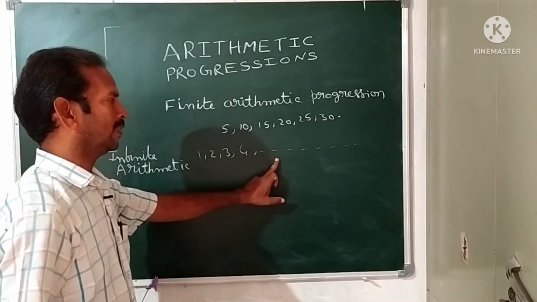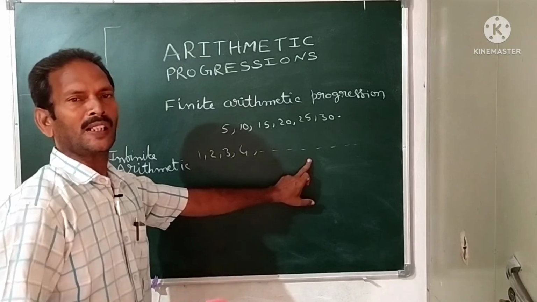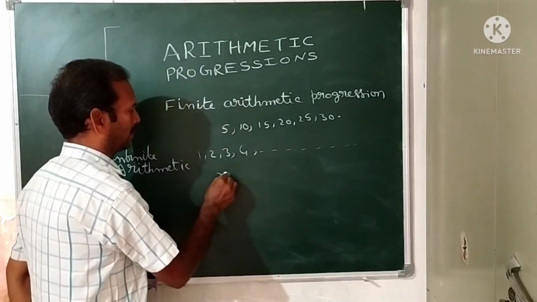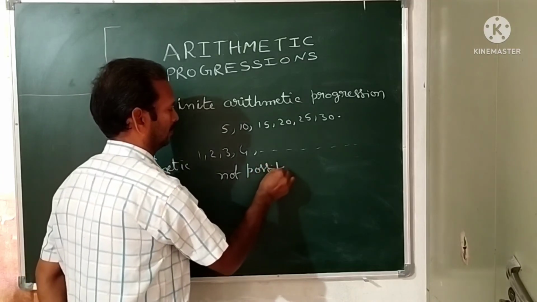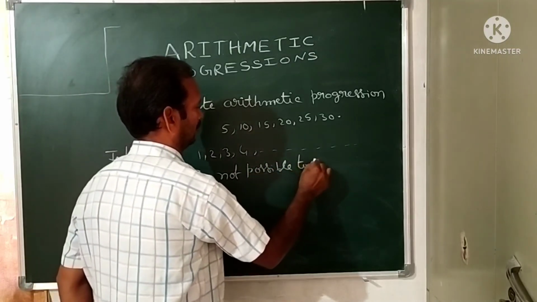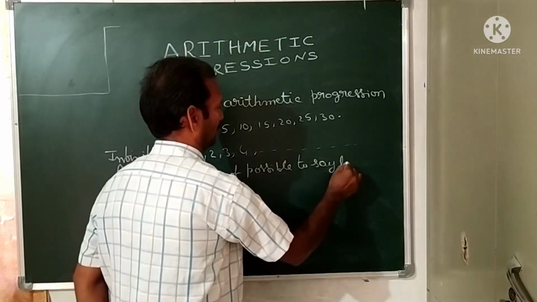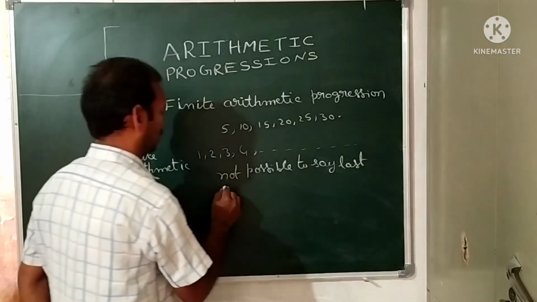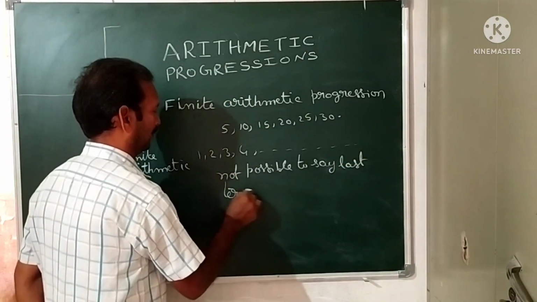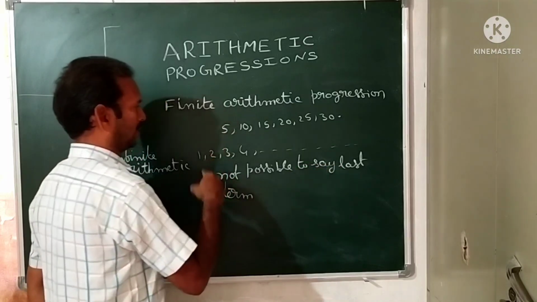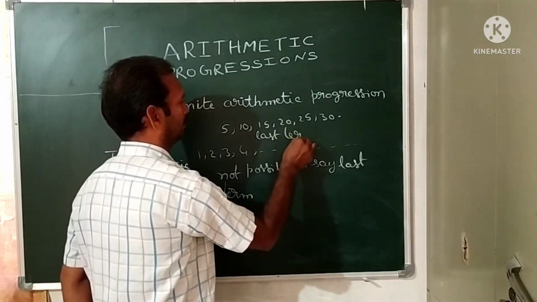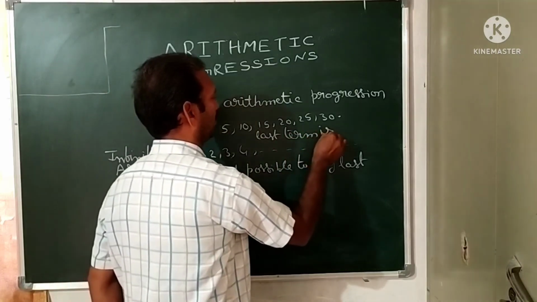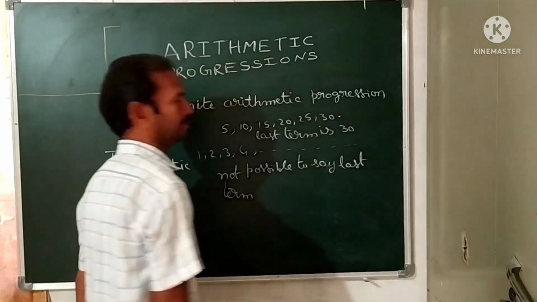In this progression, we cannot say what the last term is. It is not possible to say the last term. Here, the last term is 30.